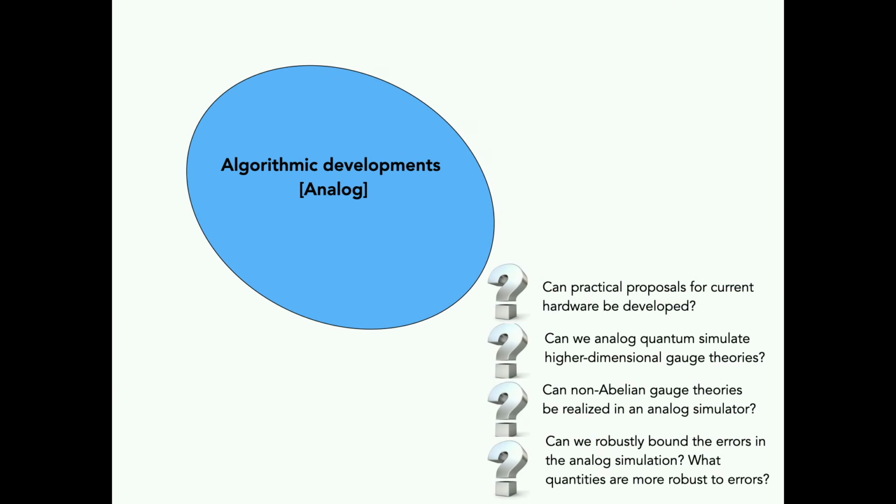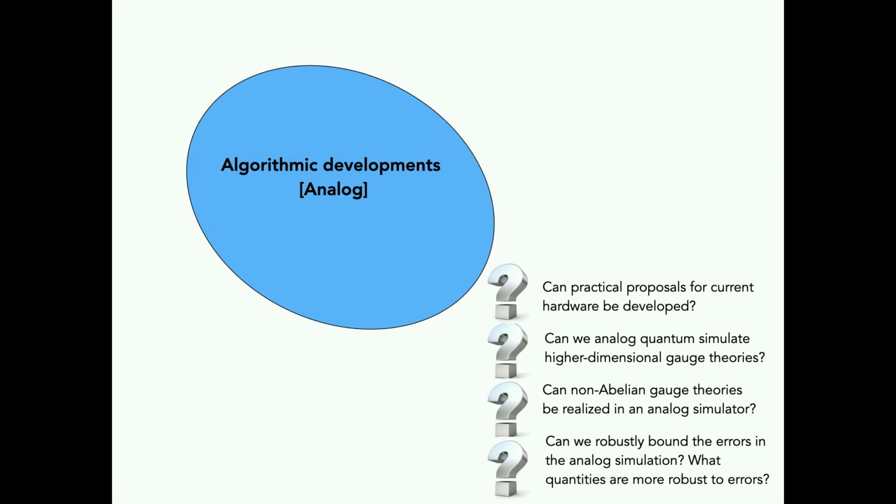And importantly, in general, can we robustly bound the errors in analog quantum simulations? What quantities are more robust to errors, right? Let's say that I have beautiful larger-scale analog quantum simulators that can do some of these lower-dimensional abelian or non-abelian gauge theory dynamics. That's great, but to what extent can I trust the final results?